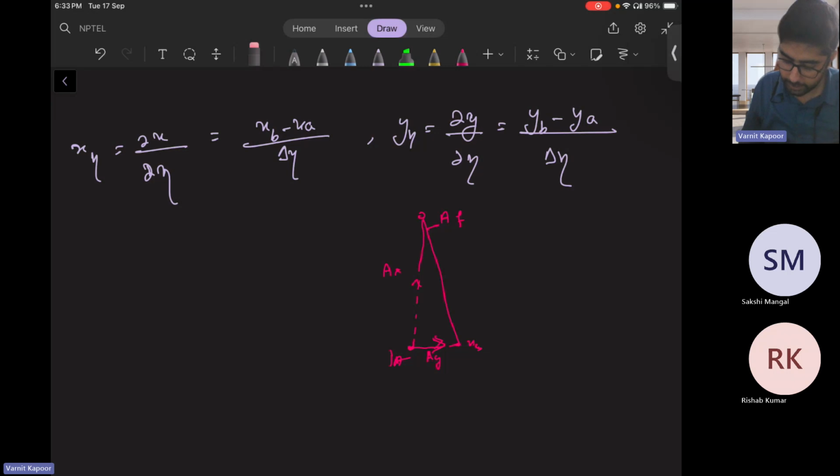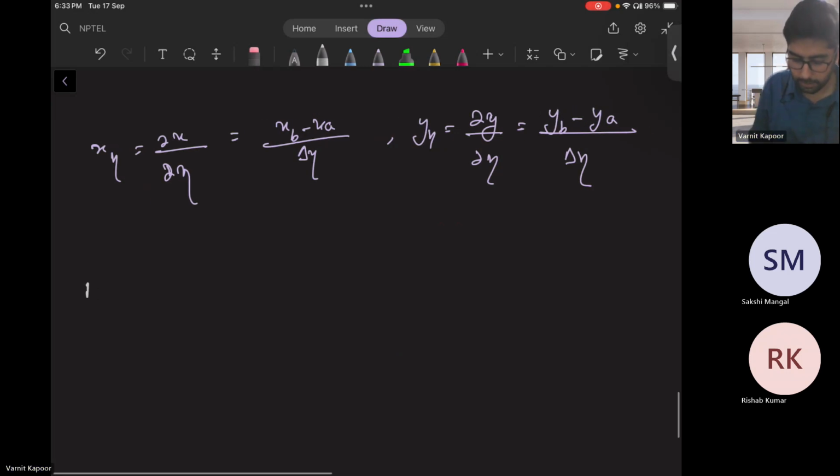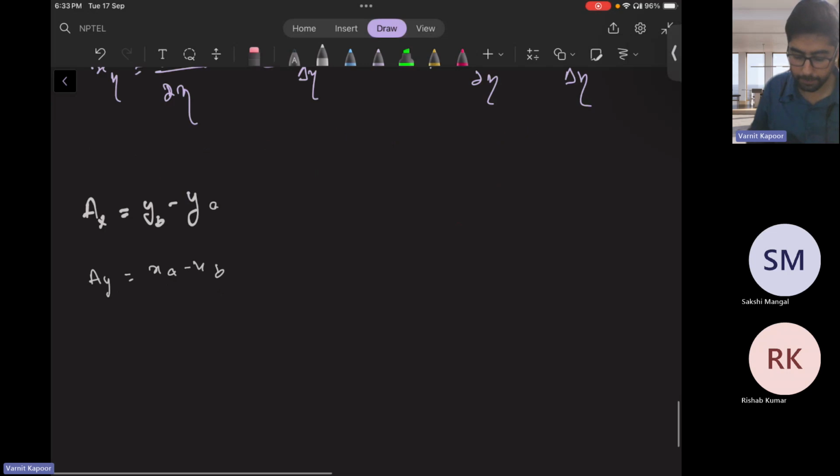Because this point has coordinates XA, YA. This is, suppose, the B point, with coordinates XB, YB, and this was your A point, XA, YA. You have made the projection in the X direction and Y direction. Let us write the area vectors. AX will be YB minus YA, and AY will be XA minus XB.